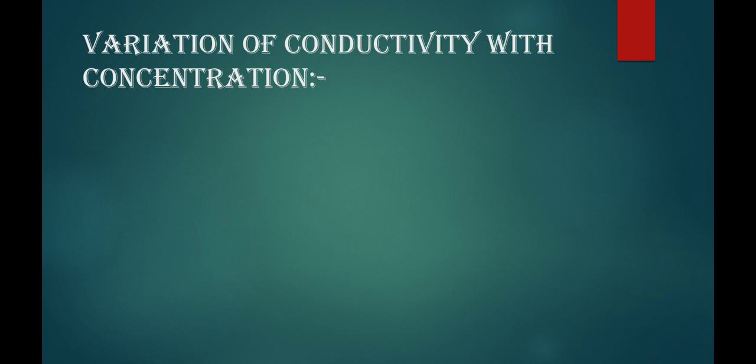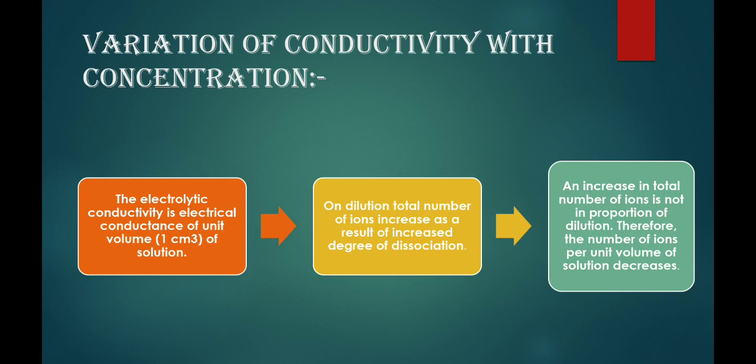Variation of conductivity with concentration. See here, the electrolytic conductivity is the electrical conductance of unit volume, 1 centimeter cube, of solution. On dilution, the total number of ions increases as a result of increased degree of dissociation.